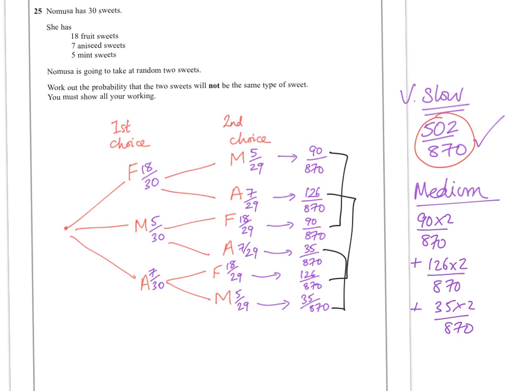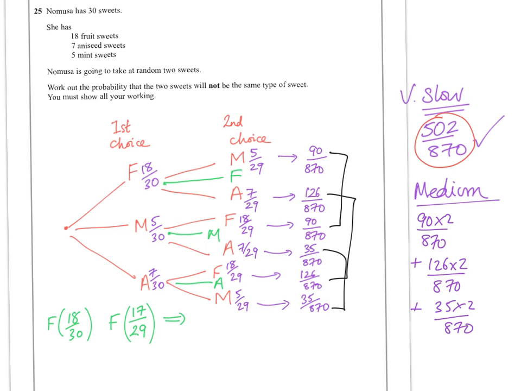So a quick way is to work out fruit and then fruit, mint followed by mint, and then aniseed followed by aniseed. And so the probabilities you'd get would be, for the first fruit, 18 out of 30, and the next one would be, don't forget you've already chosen a fruit one and you've already chosen a sweet, so it would be 17 out of 29, and you'd multiply those up, and I'll use my calculator here.